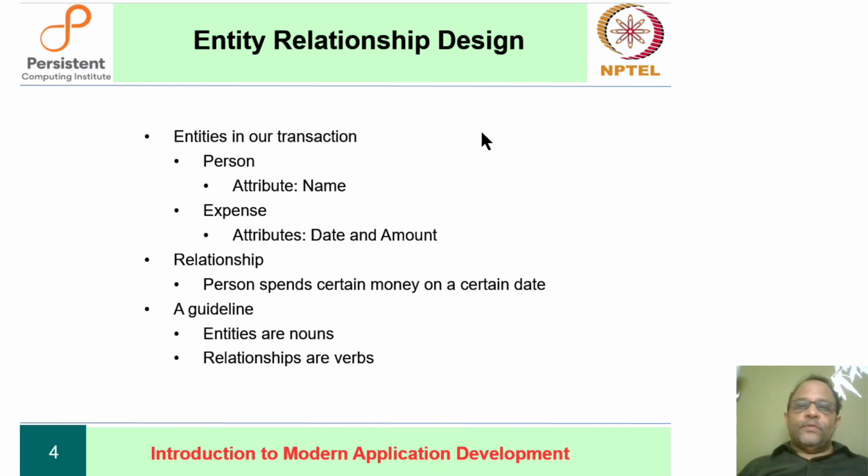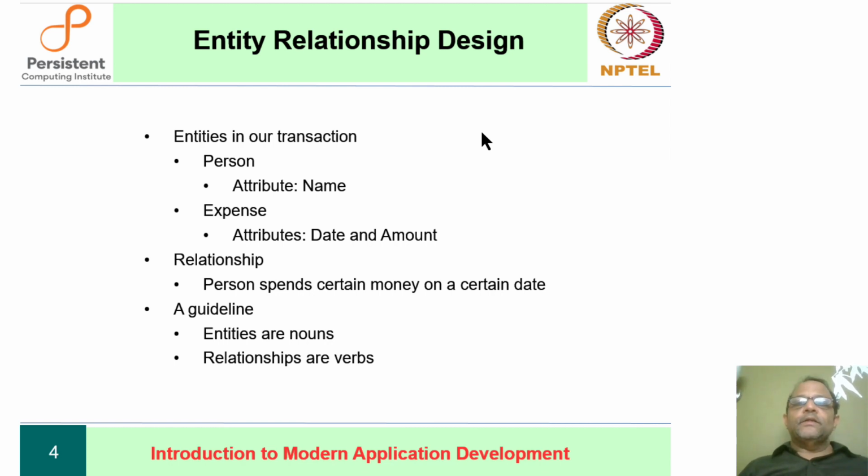So in our example, entities are people, the persons who make up the group of friends, and the usual attribute that we care about is basically just the name.